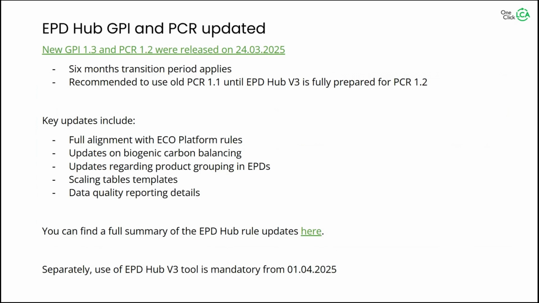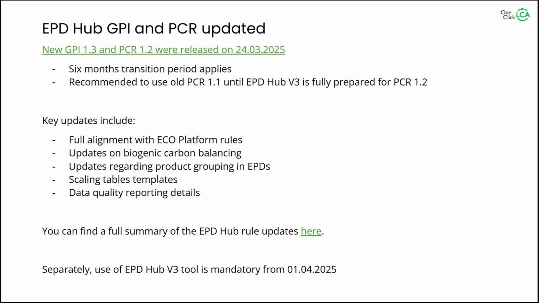So continue to use PCR 1.1 for the next couple of months. We'll make an announcement on the updates to our tools and when they're perfectly in line with PCR 1.2. And then after that, you can switch over to the new PCR.